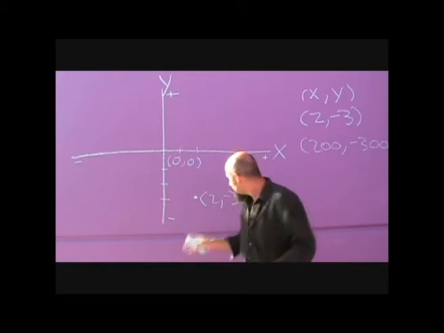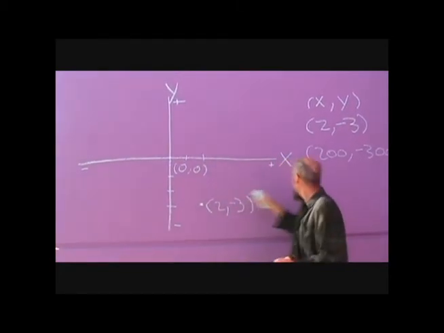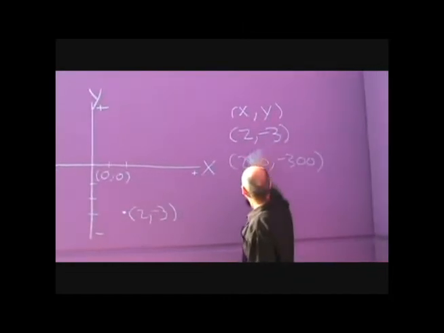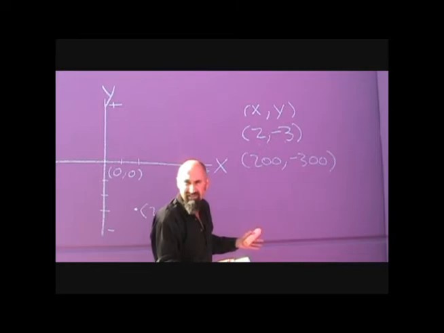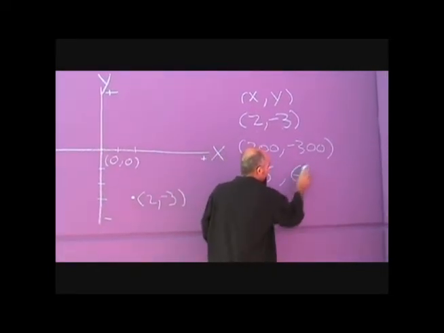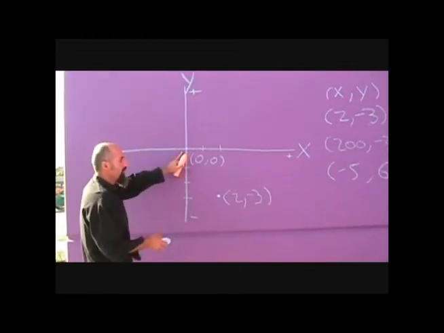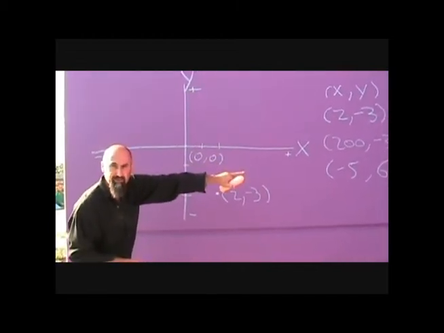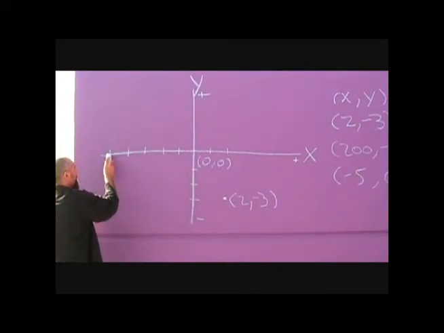So let's throw on 2 or 3 points on here so you know how it's all laid out, okay? So we have 2 and 3. We're going to forget about 200 and 300. That's too far for the way we set it up right now. Let's go negative 5 and 6. Negative 5, the first one you're dealing with is the x. So you're going to go 1, 2, 3, 4, 5.